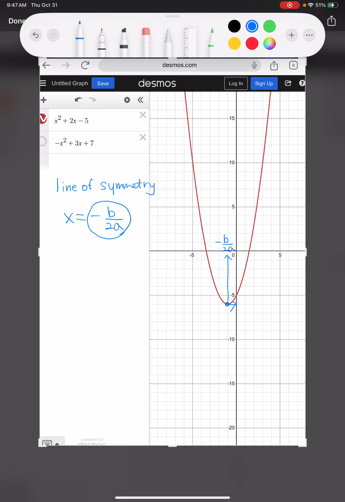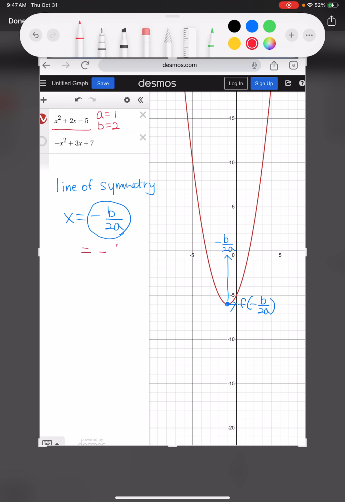So we need to do y of -b over 2a. Because of all these letters, maybe you could get confused, but just follow me. It's not very complicated. So again, in this equation, we have a value 1, b value 2, so we were able to plug in the a and b values.